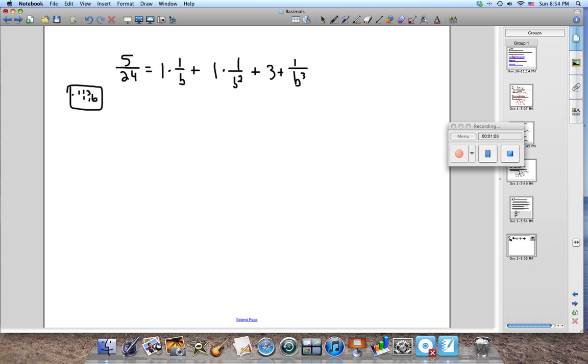So you can get rid of the fractions by multiplying by the common denominator, which is 24b cubed.